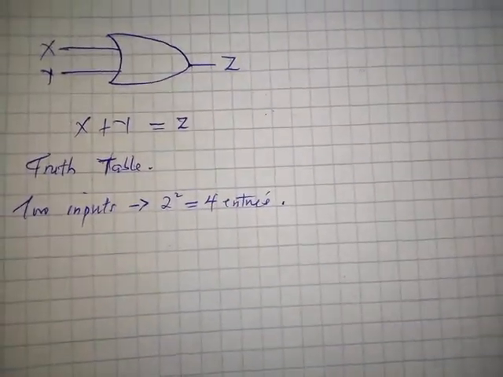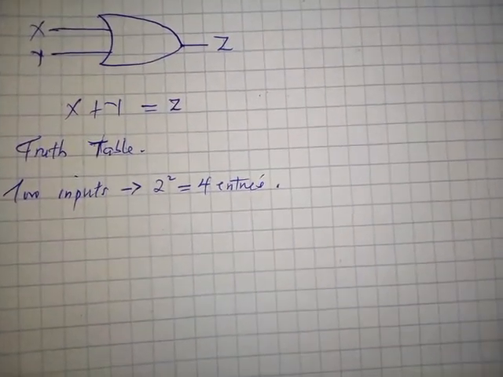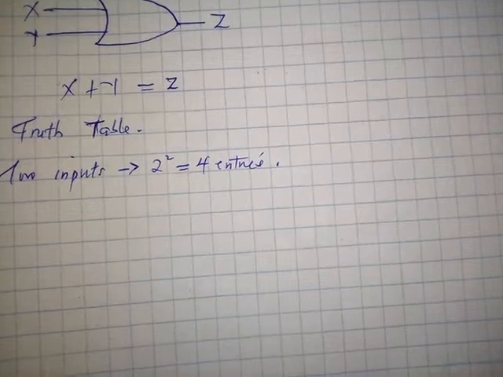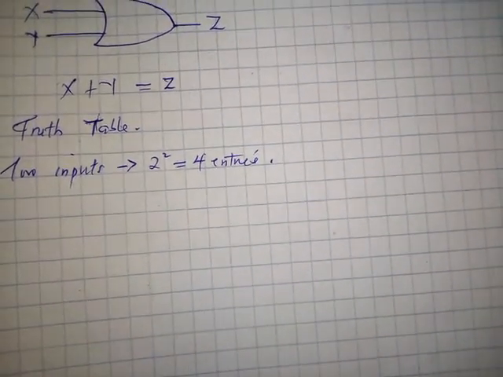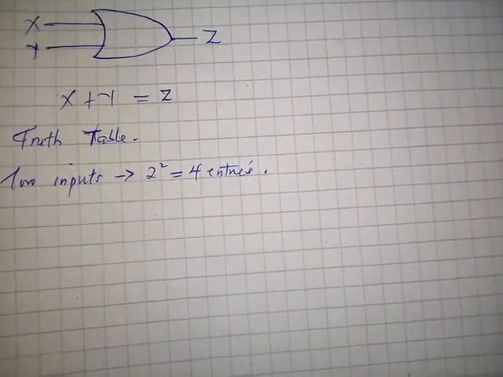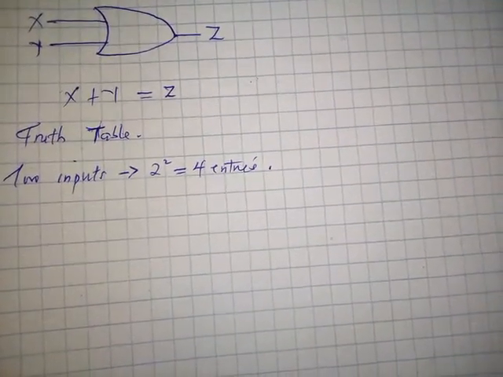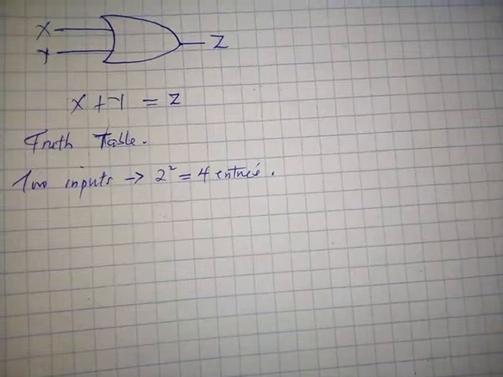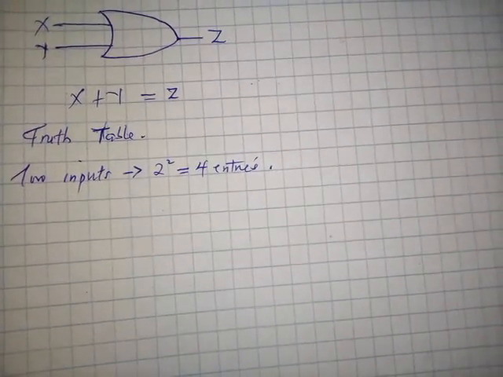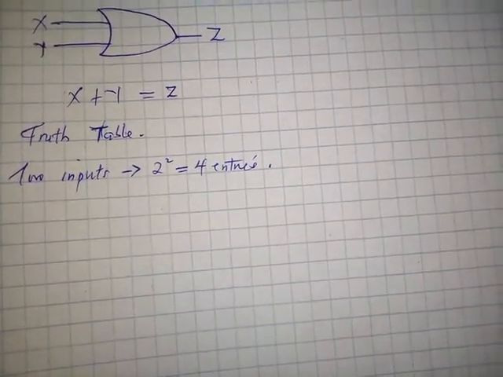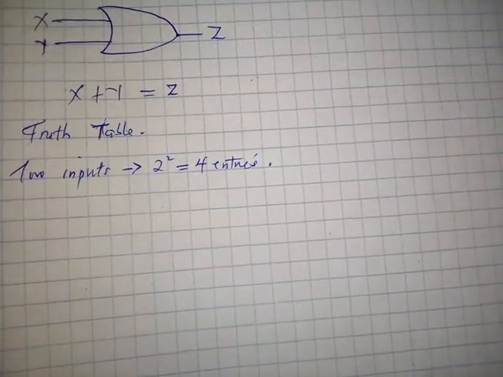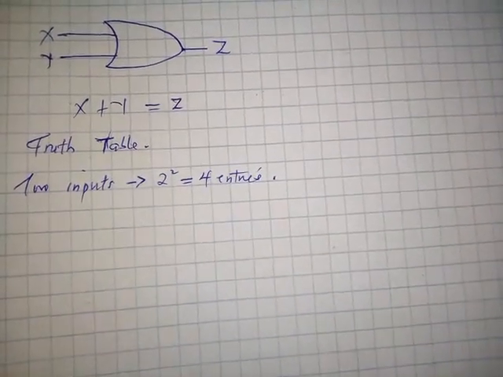Remember, the truth table is used to show the function of a logic gate and the relation between outputs and inputs.